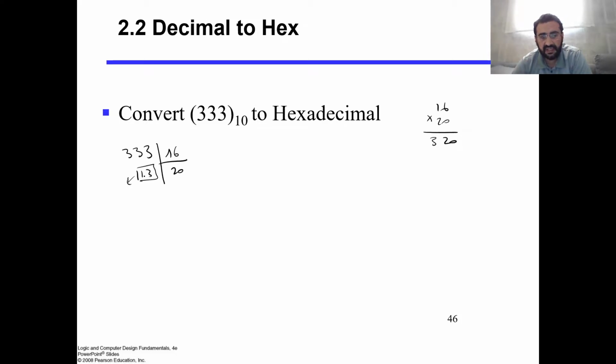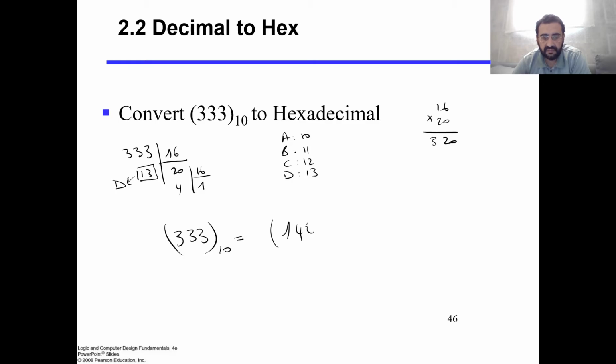So A is 10, B is 11, C is 12, and D is 13. So this is a D. And we continue the division. So here we have 1, and we are left with 4. So the result is 1 4 D. So 333 in decimal is 14D in hexadecimal. And if we had a fractional part, we would need to make successive multiplications like we did with the other bases.